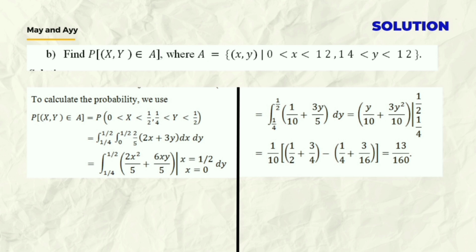The result is 1 over 10 times the bracket of a half plus 3 over 4, minus the bracket of 1 over 4 times 3 over 16, and the result is 13 over 160. Thus the probability is 13 over 160.